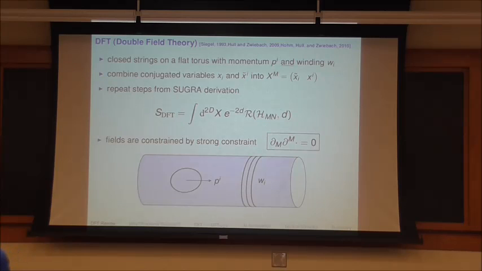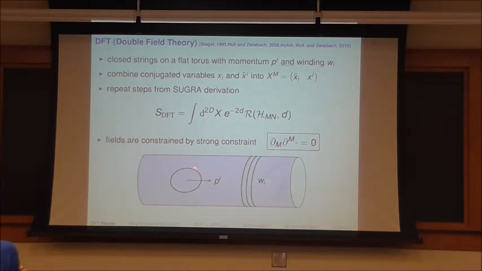But I also want to show you that we have to put in an additional constraint. This is something new for double field theory, which we do not have in supergravity. The consistency of the theory is only guaranteed when we put in the so-called strong constraint. This is a differential operator, and it has to annihilate all physical fields, all parameters of gauge transformations, and arbitrary products of them. There's also a little physical interpretation behind this constraint.